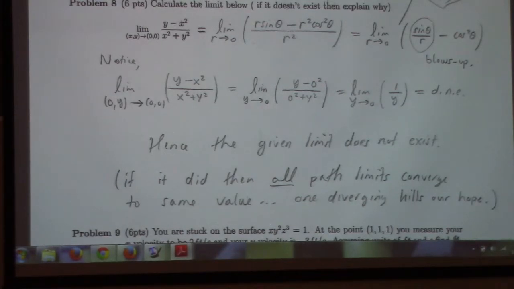Like here's one. Limit as (x, y) goes to (0, 0) of x squared y over x to the 4th plus y cubed. So if I change to polar coordinates, I get what? Limit r goes to 0. I just basically put x equal to r cosine theta. I put y equal to r sine theta.